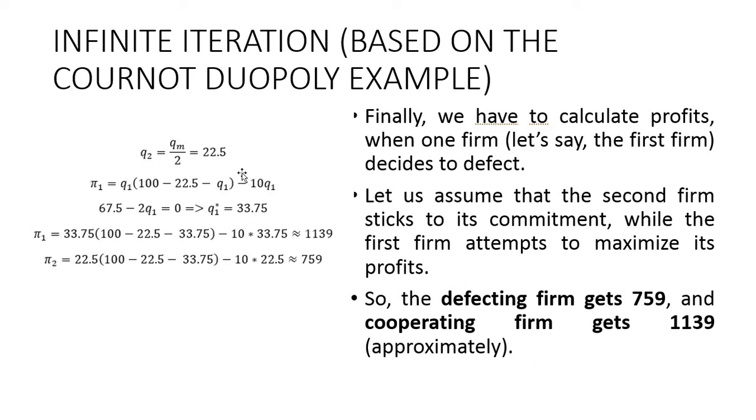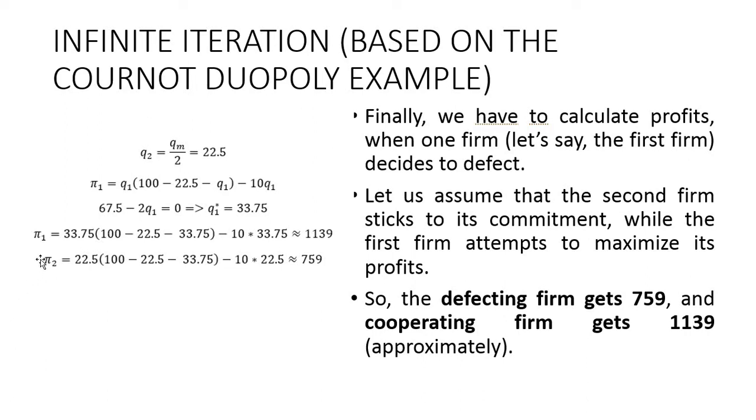So here in the profit function for the first firm, you have to replace Q2 with 22.5. Then again, first order condition, and the profit maximizing quantity of output for the first firm is 33.75. So if you calculate the profit of the first firm, you will get approximately 1139.